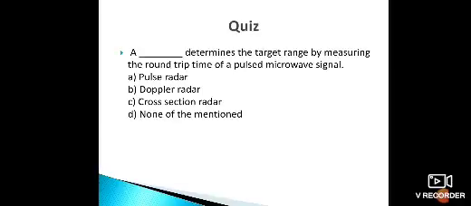Whenever you use pulsar radars, the antenna is rotating continuously, and the signals are going out roundly into our atmosphere. By having this concept, we measure the range. What type of radar is used for determining the target in these situations? Please note this question.